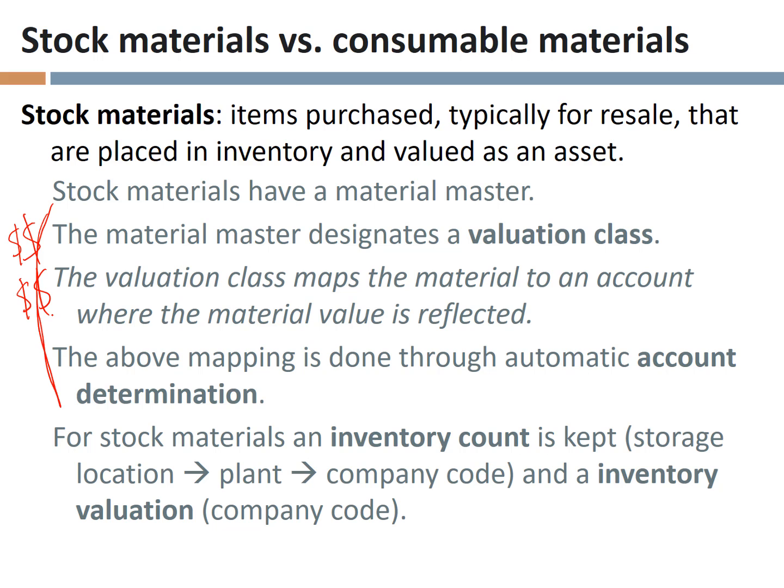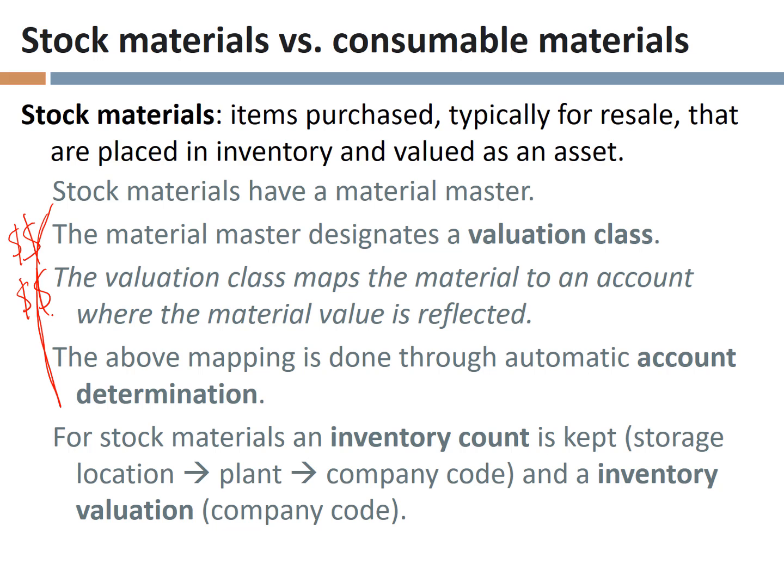And then inventory valuation, we can see in looking at balances on general ledger accounts or on other transactions as well. So anything that we value as an asset, we're going to keep track of all of this information in the manner that I have described here.